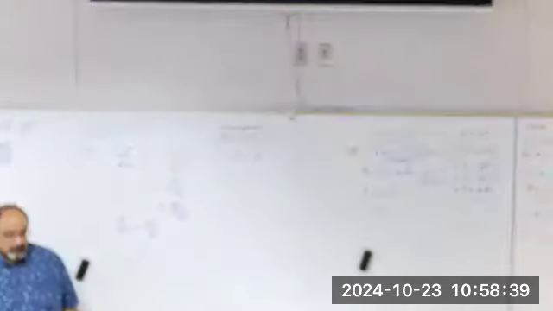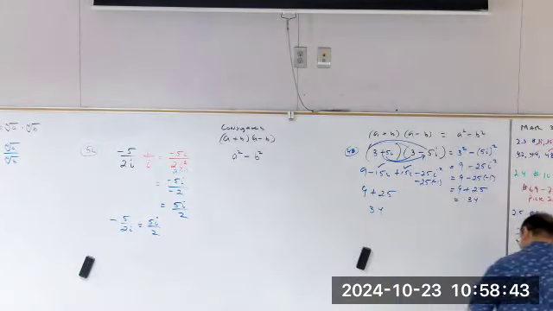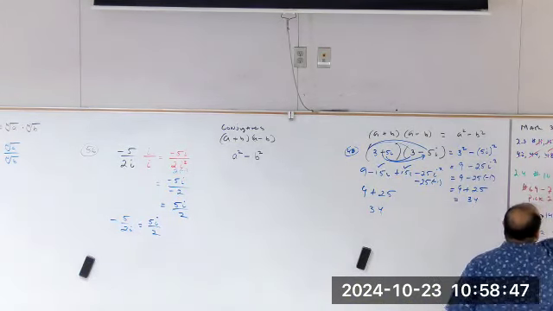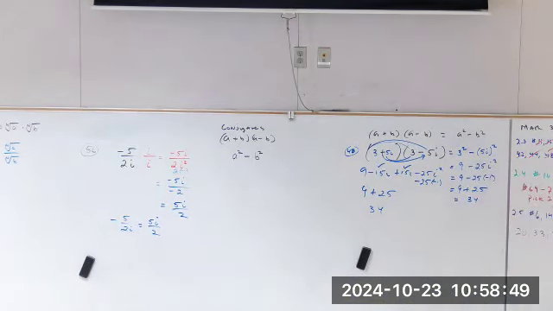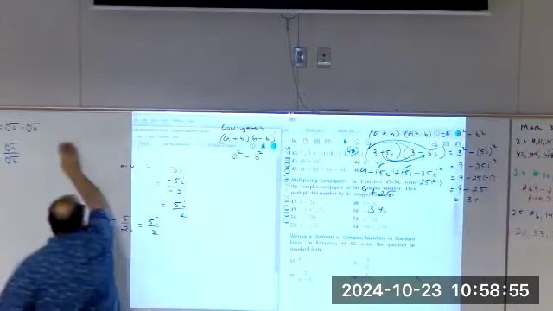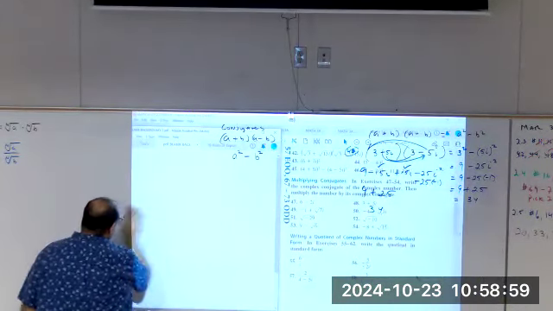Conjugates. Because when we do number 58, you're supposed to simplify 3 over 1 minus i.